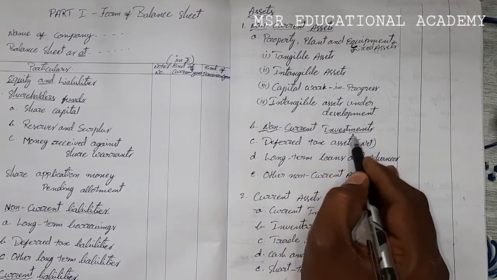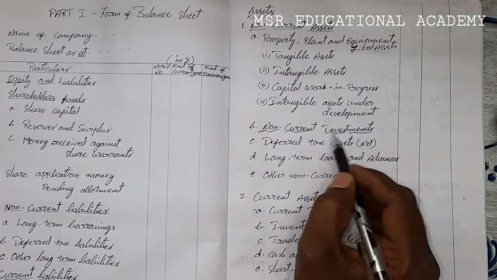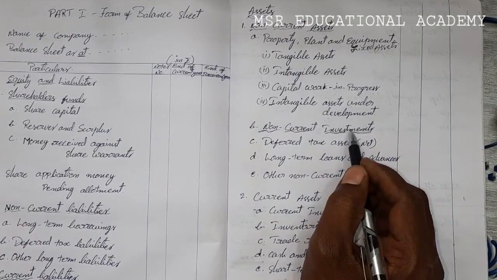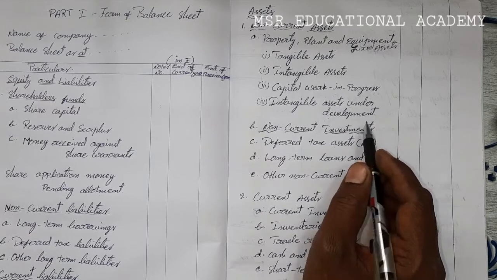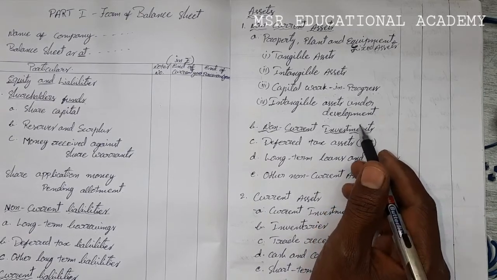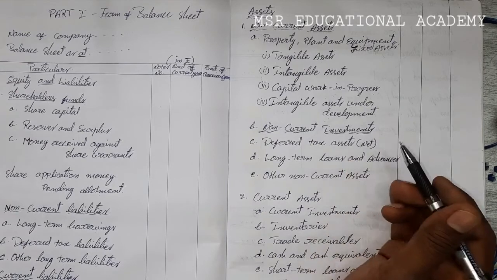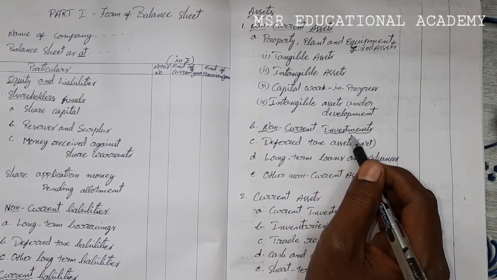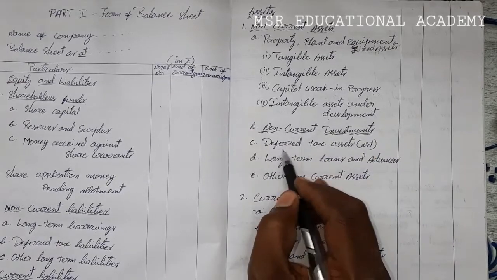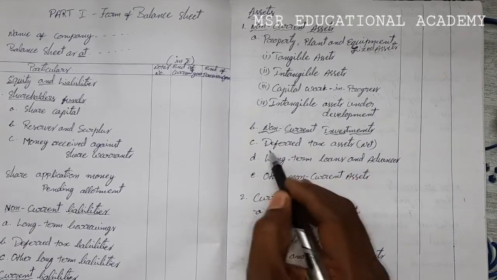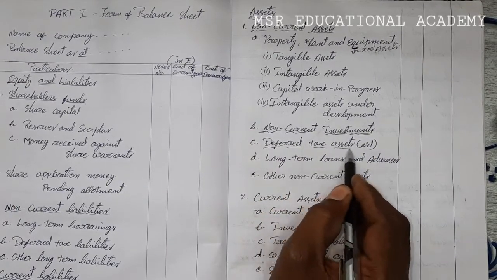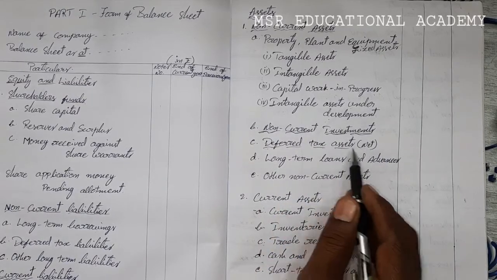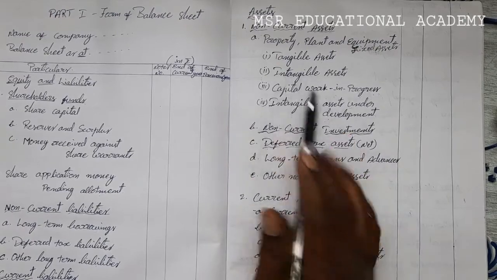Non-current investments means the company has invested an amount in companies as purchase of shares or purchase of debentures. That amount comes under non-current investments. Next, deferred tax assets also come under non-current assets.